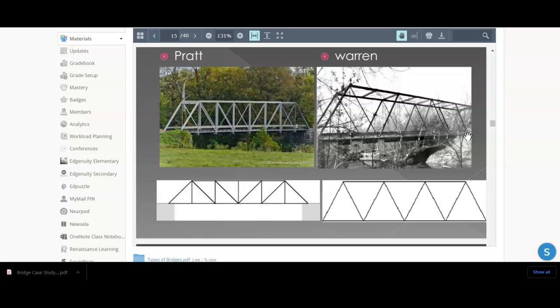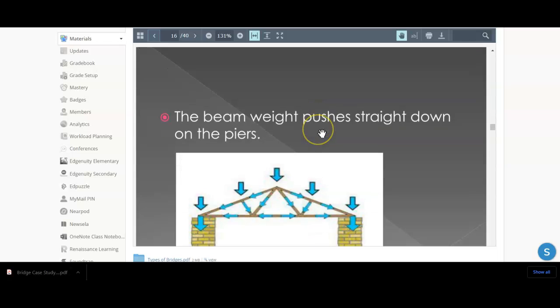But these are relatively expensive if you do a long bridge. But if you do just a short little one over a creek like this, they're not that bad. And so that's what we mainly use them for now, just short span bridges.